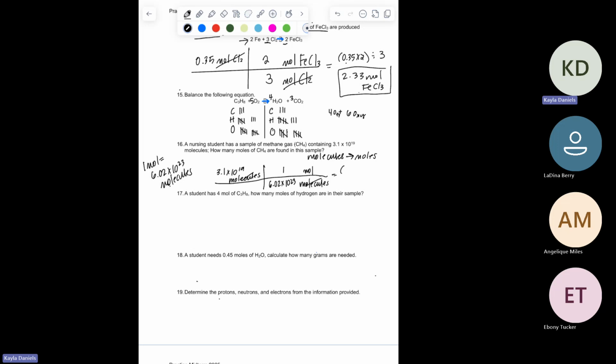So I'm going to be doing open parentheses, 3.1 times 10 to the 19th, divided by open parentheses, 6.02 times 10 to the 23rd, close parentheses. All right, I don't have this ready to go, so just give me a second.